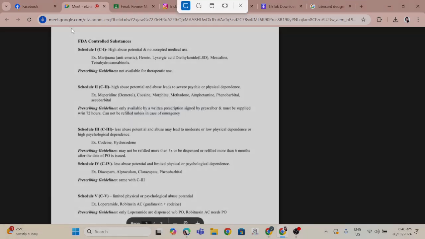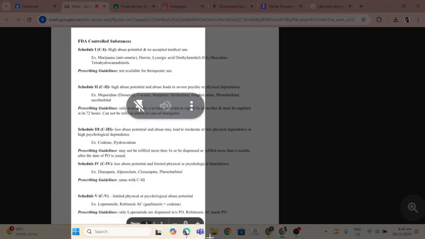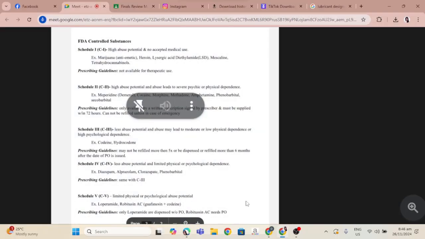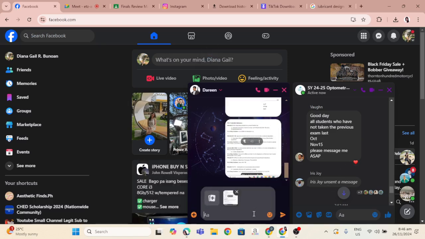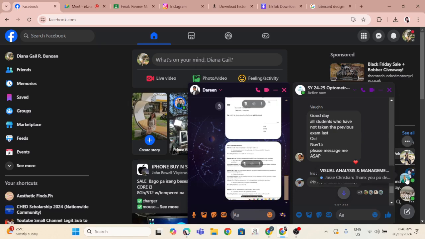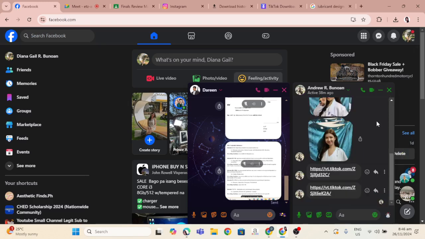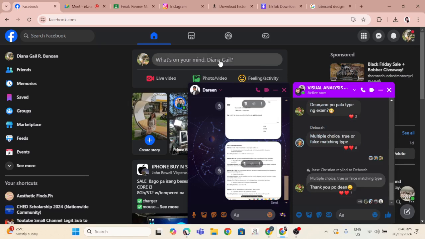So, ito yung sinasabi ko na yung refilling information or yung date is very important kasi some controlled drugs require them to go and claim or go and get yung prescription within 72 hours upon issuance of yung prescription or medication.